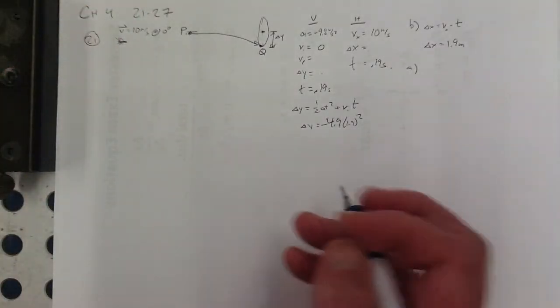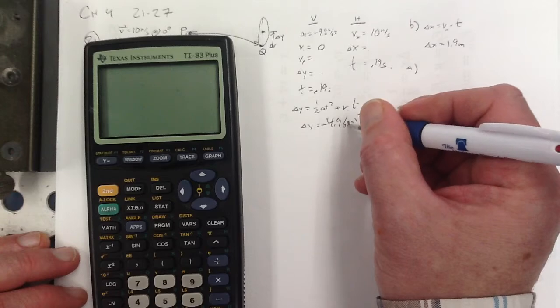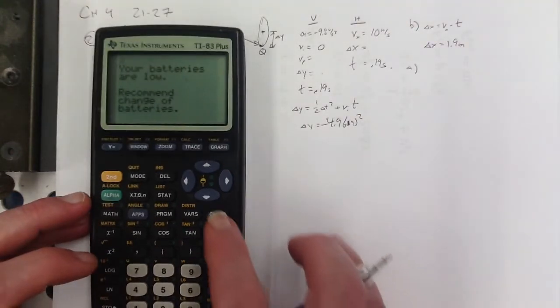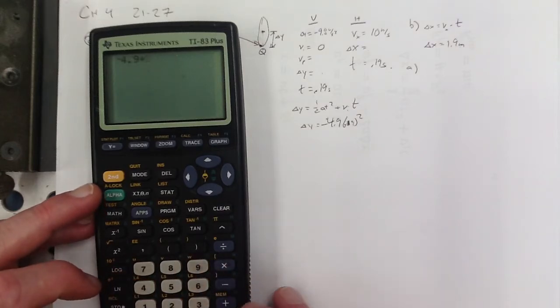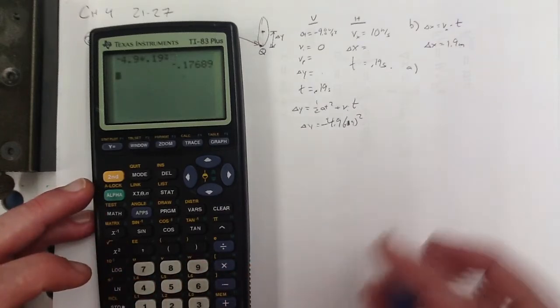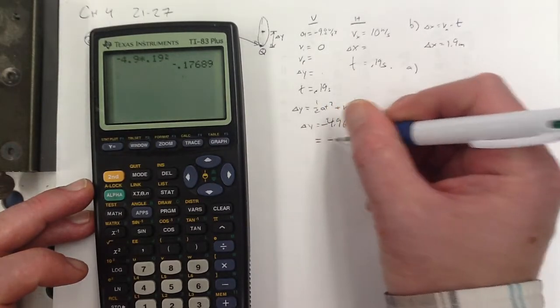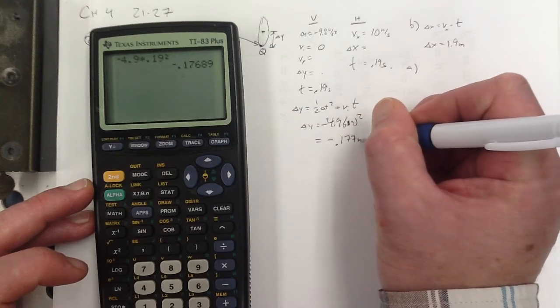So, oh, that's 0.19, not 1.9, sorry. Got distracted by that answer. So, negative 4.9 times 0.19 squared is negative 0.177 meters.